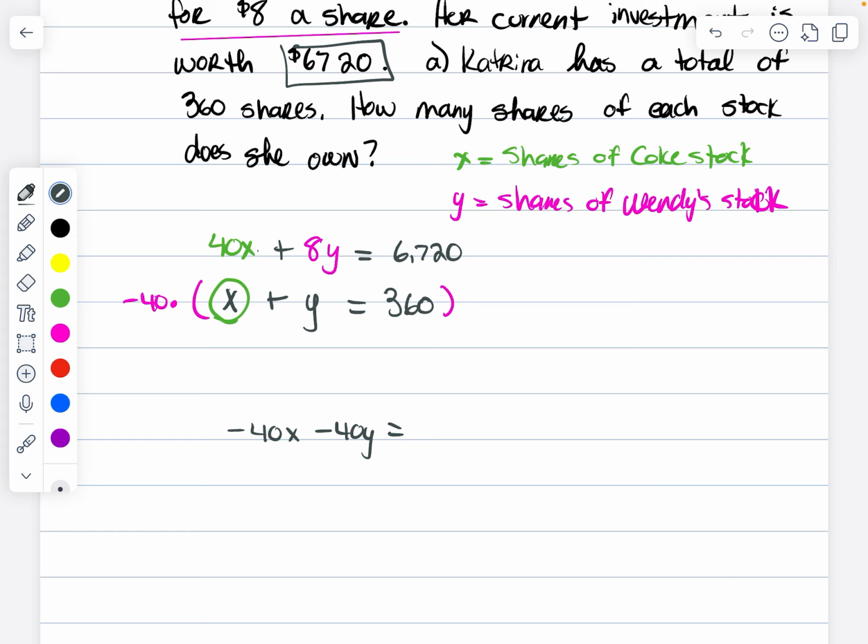So this is 360 times negative 40, which gave us negative 14,400 as the result here. And then we're just going to bring down that top equation so that we can add it.